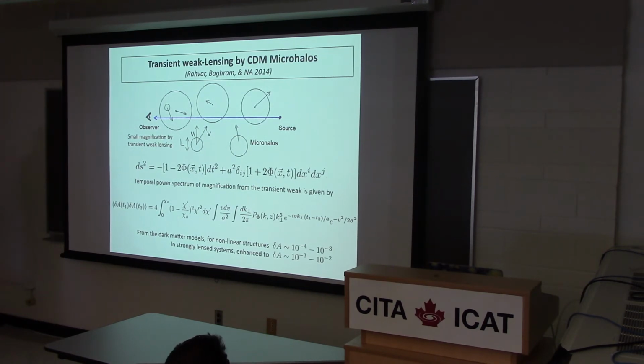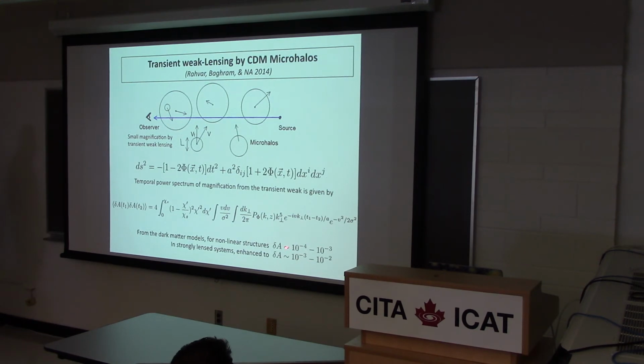Of course, the lensing effect is small, but there are a lot of these objects. There are, as I said, 1 million of them. So if you take that into account, you predict fluctuations of order 10 to the minus 4 to 10 to the minus 3 in the magnification, or in the brightness of the objects. Basically, everything is magnified or demagnified by some tiny amount, and that tiny amount fluctuates on the time scale of a few years.